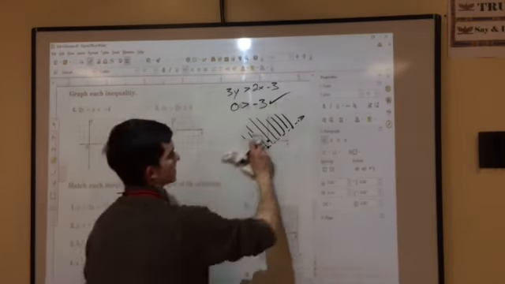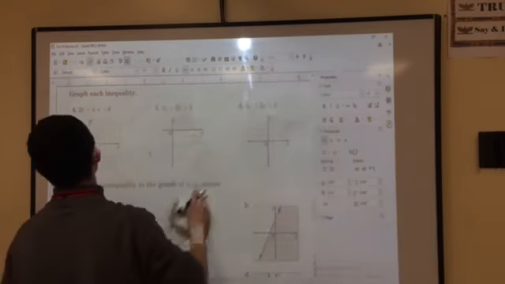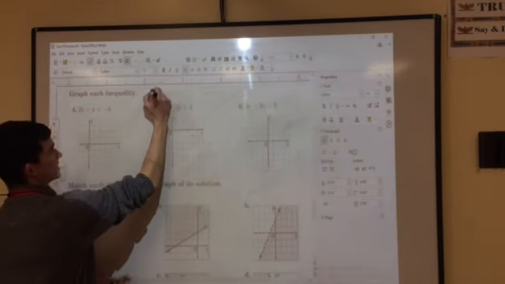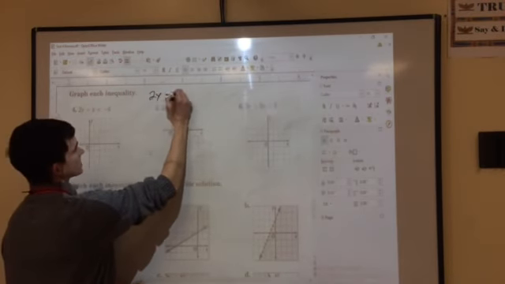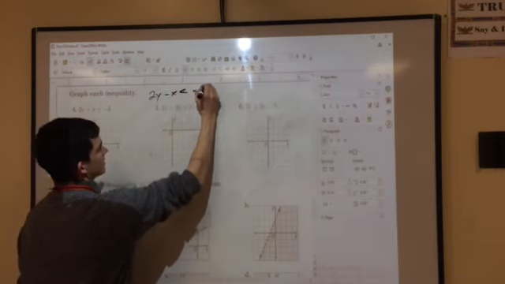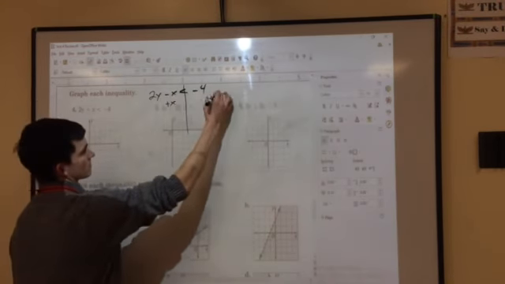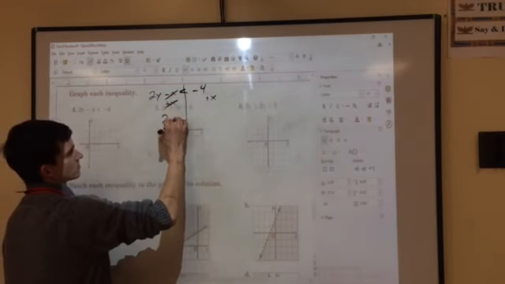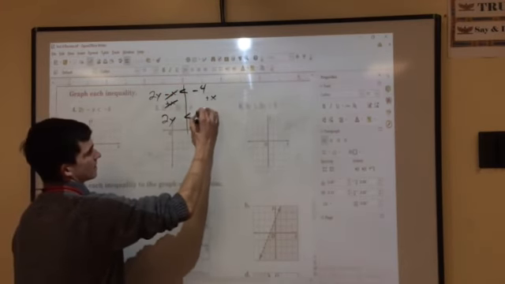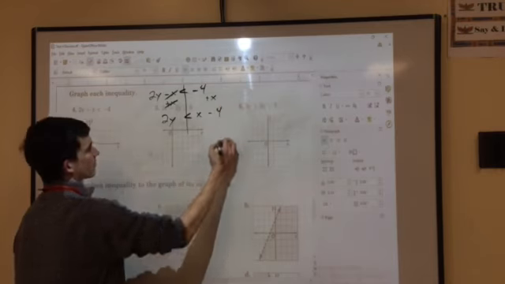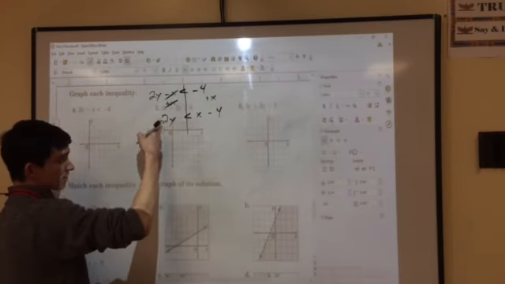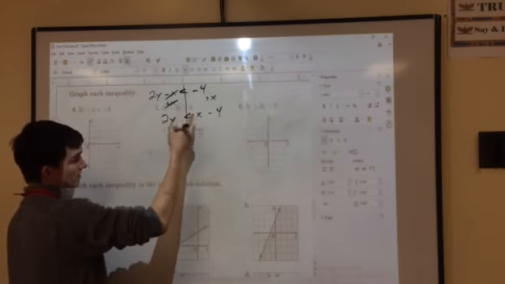Okay, last one. The last one is 2y minus x less than negative 4. So I'm going to start off by adding x. Those cancel. 2y is less than x minus 4. Okay, I'm going to divide by 2. Remember the order of operations. That's why we did this in this order.